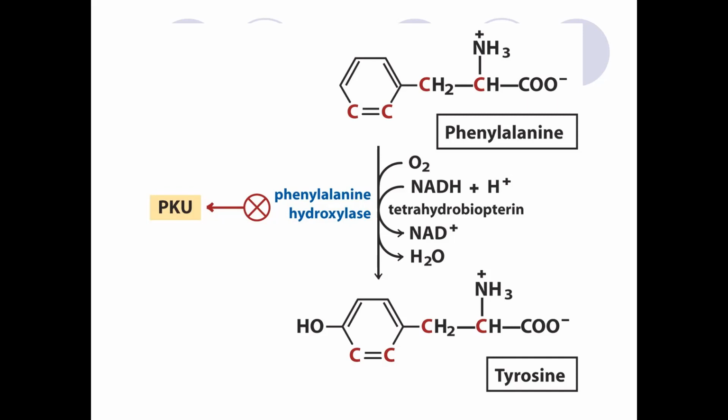And the NADH is to reduce the tetrahydrobiopterin. There's actually a tetrahydrobiopterin reductase enzyme that will reduce the tetrahydrobiopterin. That's why the NADH is included in here. So you end up with hydroxylated phenylalanine, which is otherwise known as tyrosine.